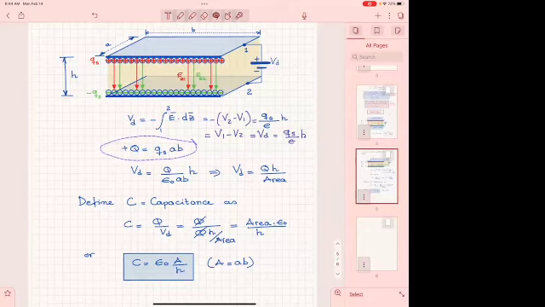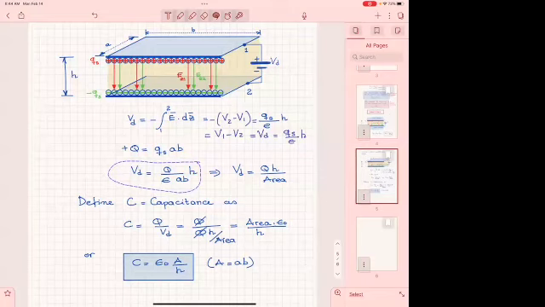And therefore, I will take this equation and this equation and combine them. V sub D is equal to Q over epsilon AB, and all of this times H, and AB is the area.